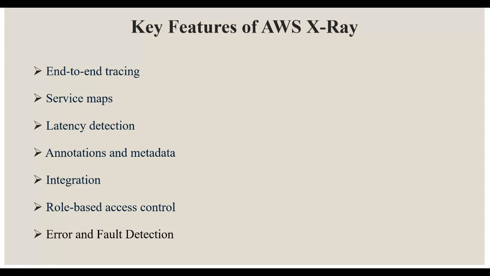It highlights the services or operations responsible for the failure, making it easier to troubleshoot. While tracing the application end to end, it shows where the failures or exceptions occur. So this is all about the key features of AWS X-Ray.